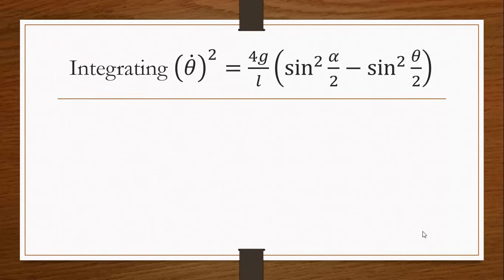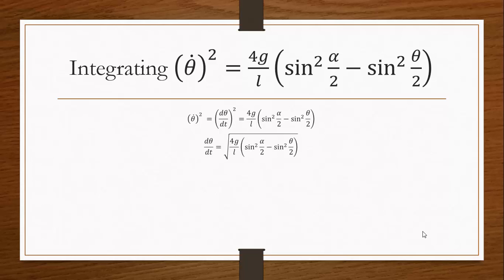Integrating this equation, knowing that theta dot is just d theta over dt, the quantity squared is equal to 4g over L times sine squared alpha over 2 minus sine squared theta over 2. We get d theta over dt equal to the square root of 4g over L times sine squared alpha over 2 minus sine squared theta over 2.